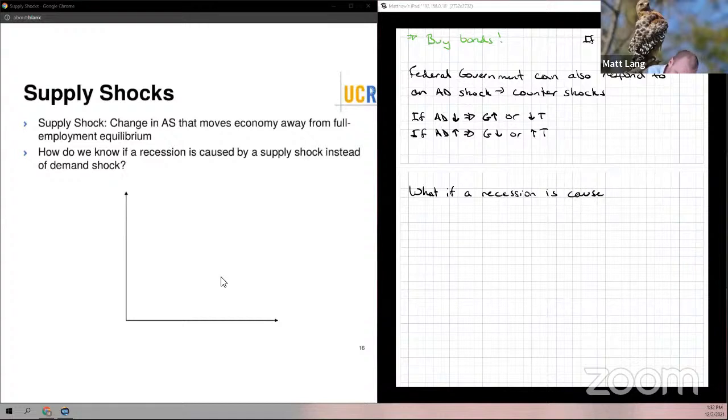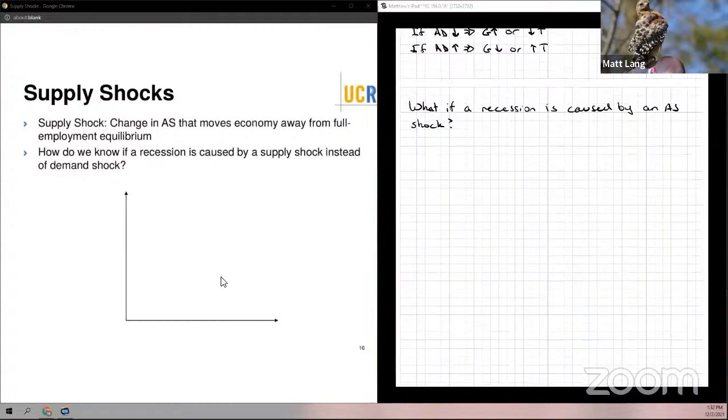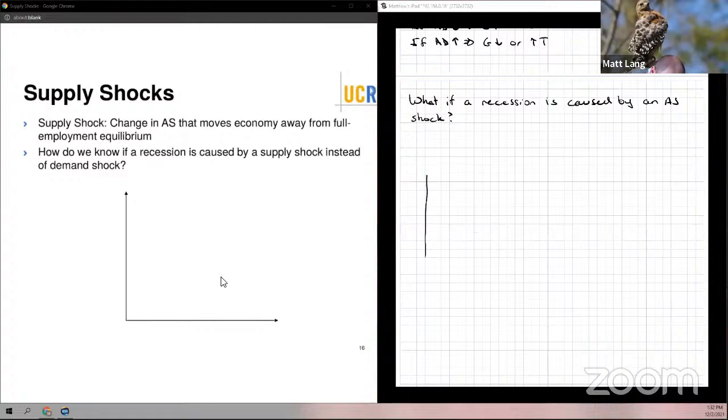So what I'm asking here is, it's fine, we can start to say, okay, this is how we respond to a demand shock. But how do we know if we have a demand shock versus a supply shock? So the first thing you want to do in assessing this question is put ourselves in a full employment equilibrium where we're at AD bar and Y bar.